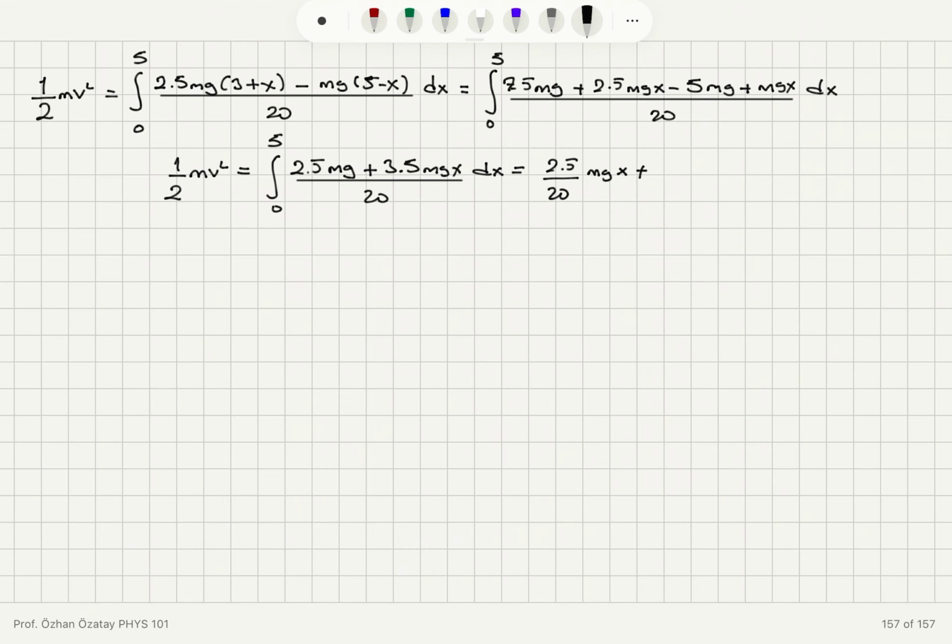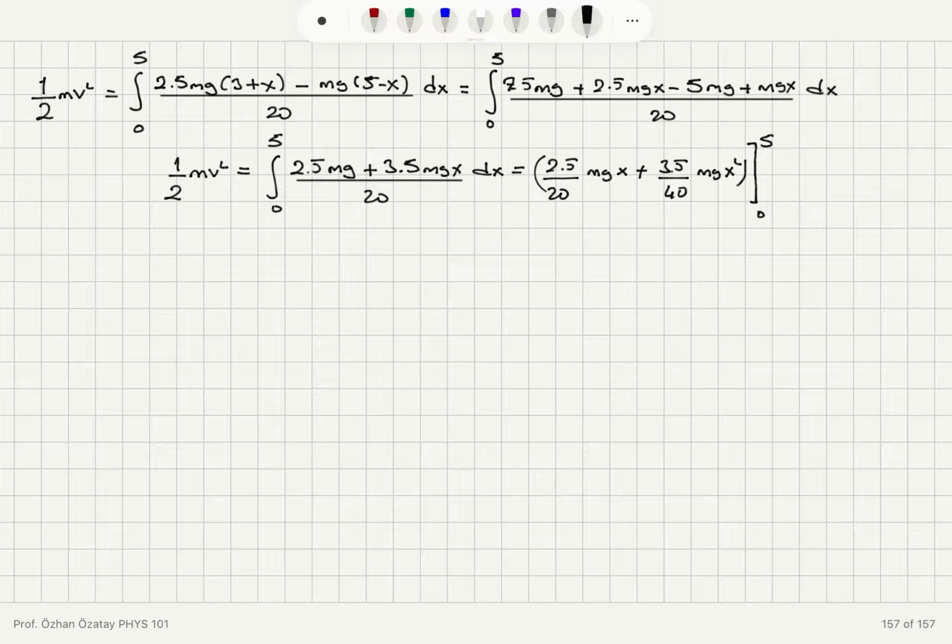This will become 2.5 over 20 mgx as I integrate it, and this will become 3.5 over 40 mgx squared, since 1/2 x squared is the integral of x. This whole thing will be evaluated between x equals 0 and 5.